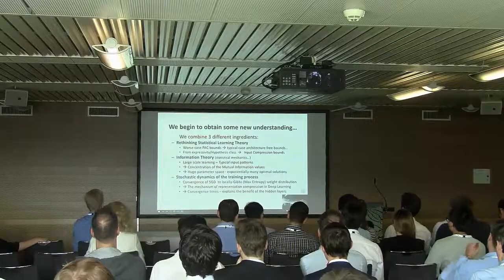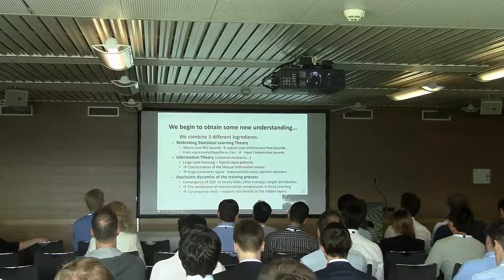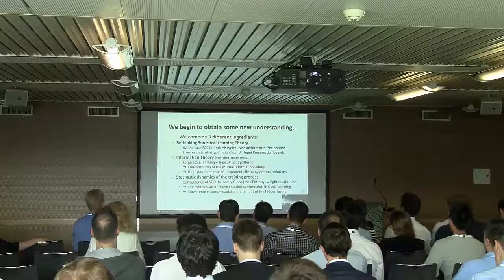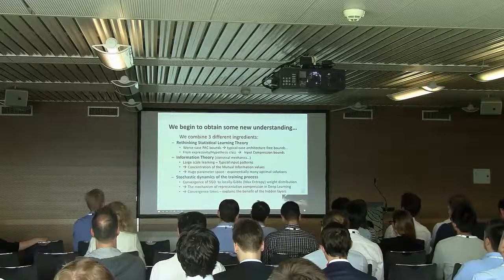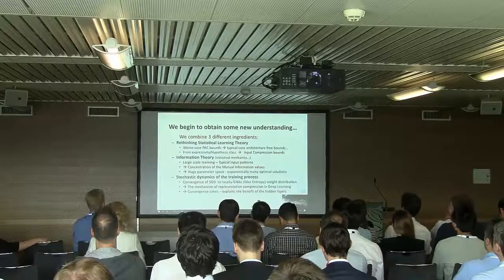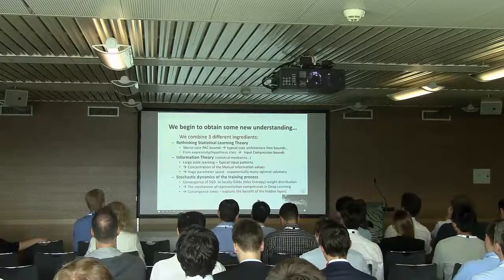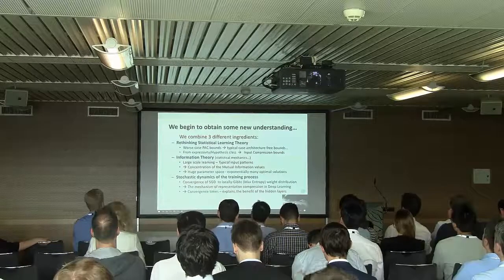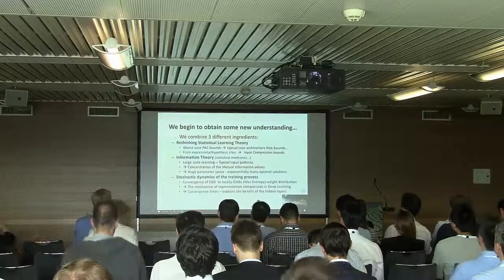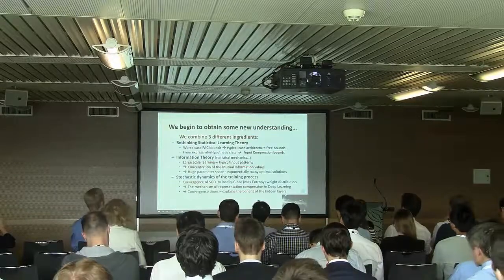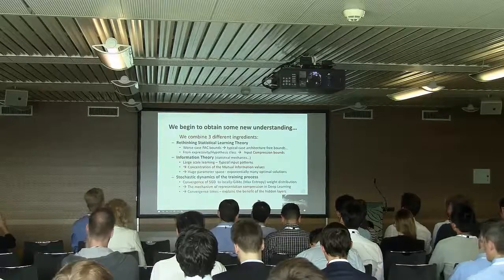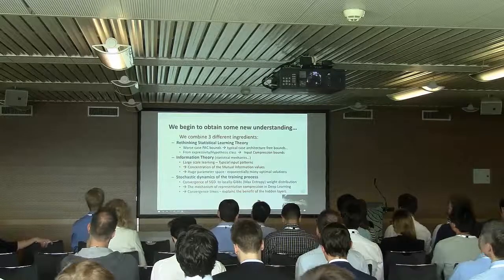So this is a complete twist or shift in the emphasis of the theory from worst case to typical, and from problem-independent to problem or data-dependent bounds, but as much as possible independent of the architecture, if you want, of the hypothesis class. And this is a rather big change in our understanding of learning theory on its own.